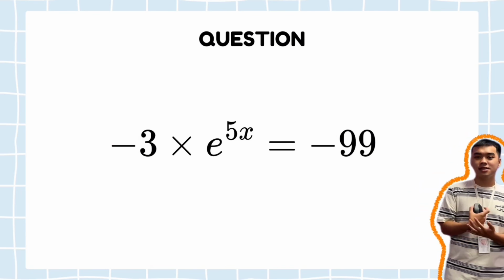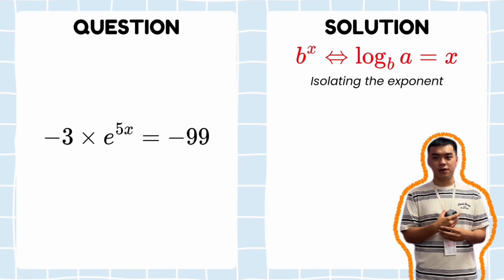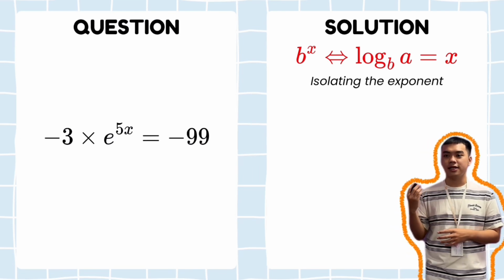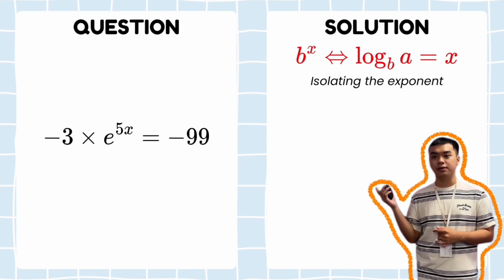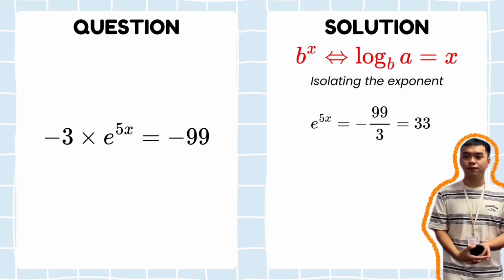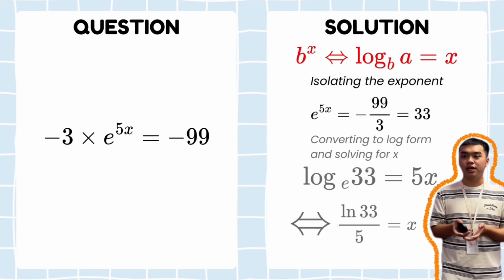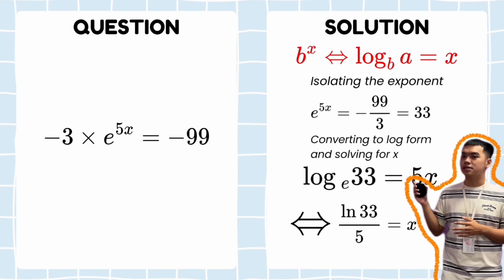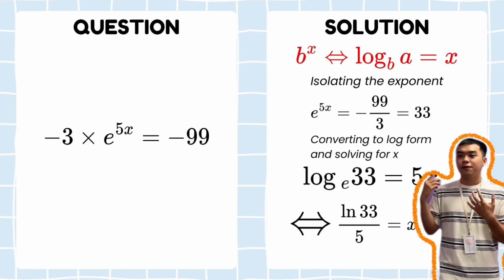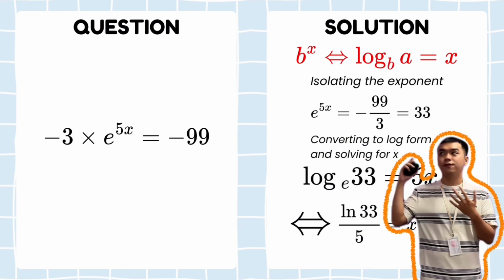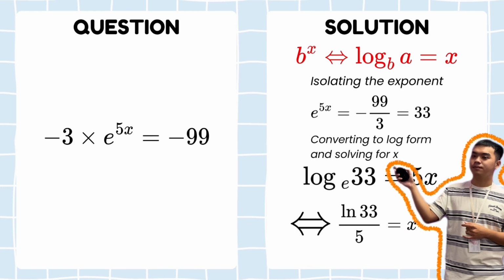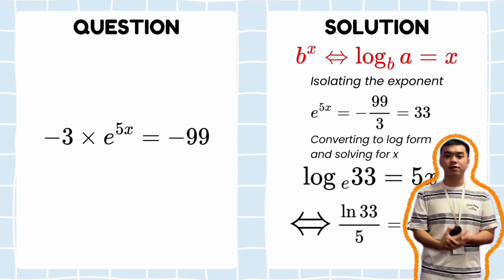Okay, so to solve an exponential equation, we must first isolate the exponential part, and then we can solve for the exponent by converting the equation to logarithmic form using these following equivalents. So basically there are 3 steps.